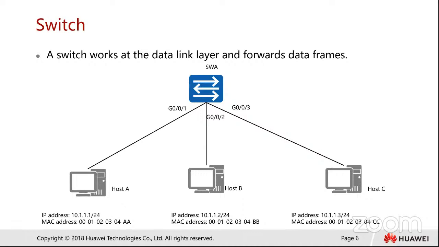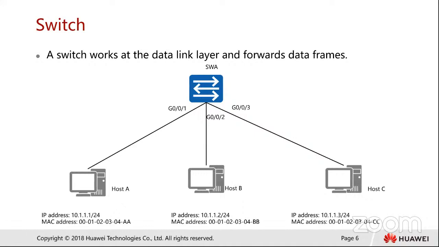So, Mr. Sandy, what I know about the switch, it's a layer 2 device at the data link layer. It works with MAC addresses. It can have a MAC address table that includes MAC addresses for PCs on a specific network.